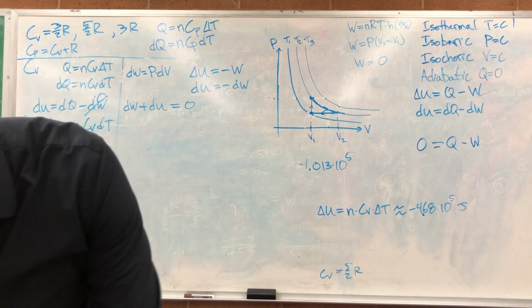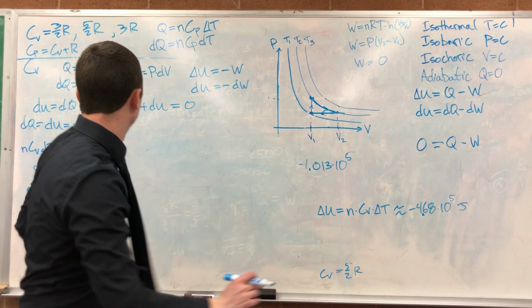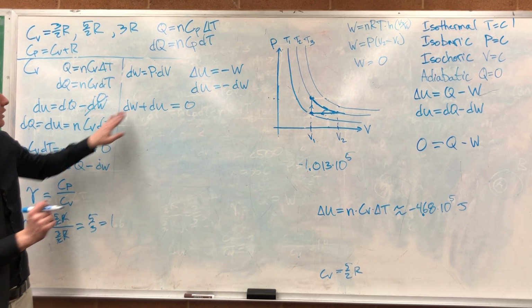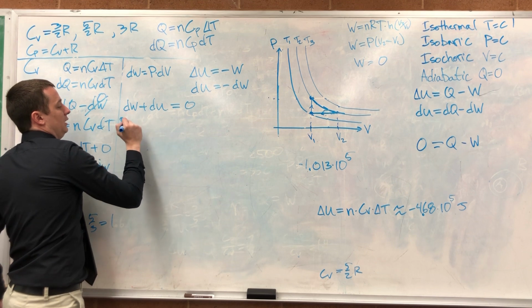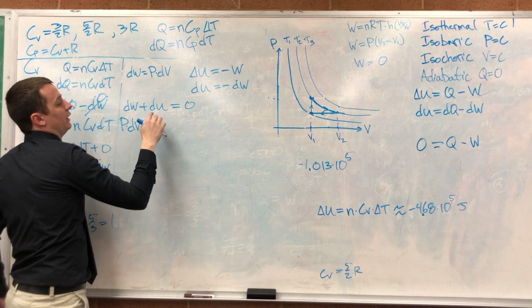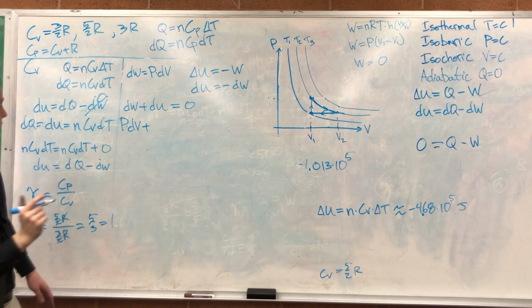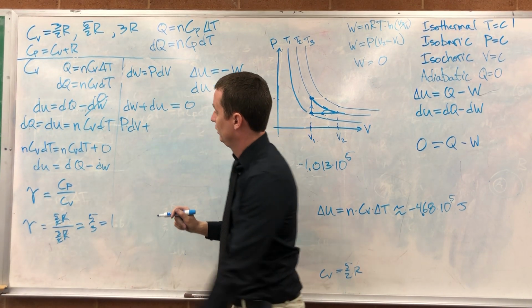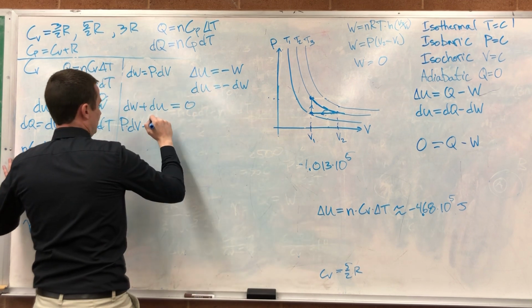He does a lot all in one go. All right, we'll just play with it and see where we get stuck. So dW then is the same thing as pdV plus dU, which is going to be nCv dT, right?